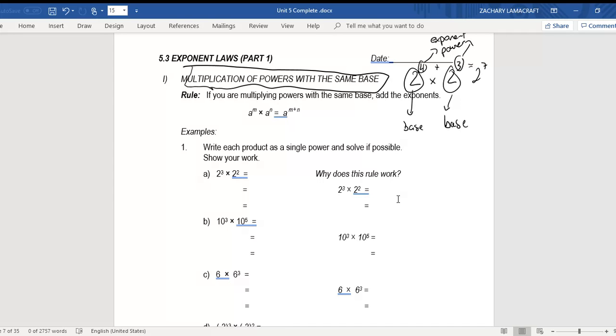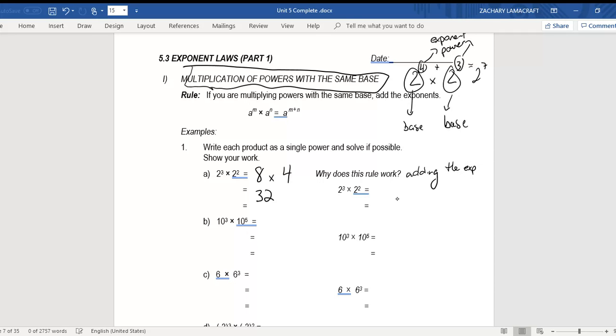Okay, so we'll use the rule on the right side, and we'll use just straight math on the left. So in this case, 2 to the power of 3 would be 8, and then 2 to the power of 2 is 4. So 8 times 4 would be 32. Now, a shortcut for this, or the rule that we just looked at, would be adding the exponents or the powers.